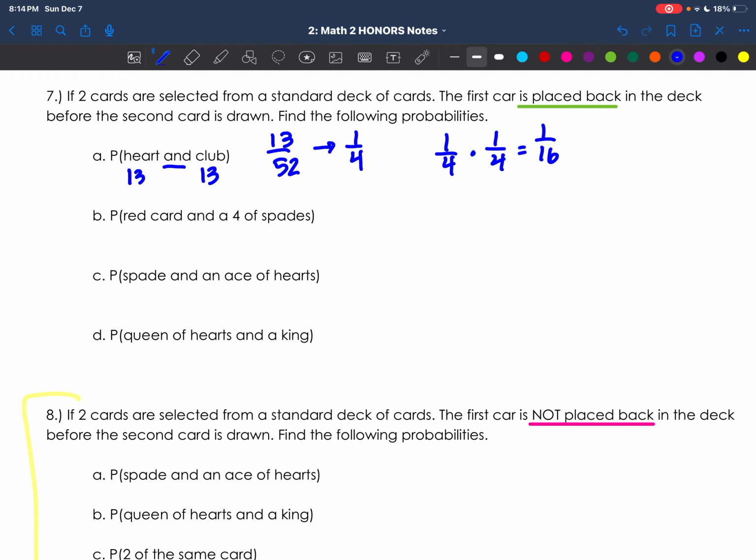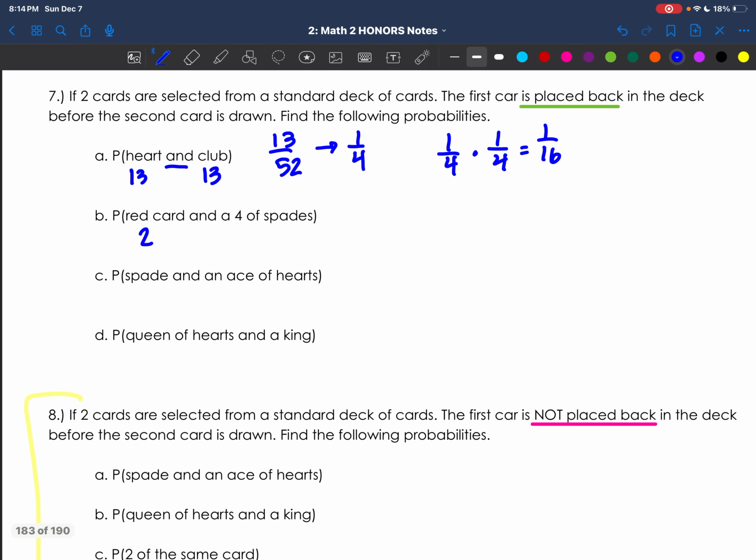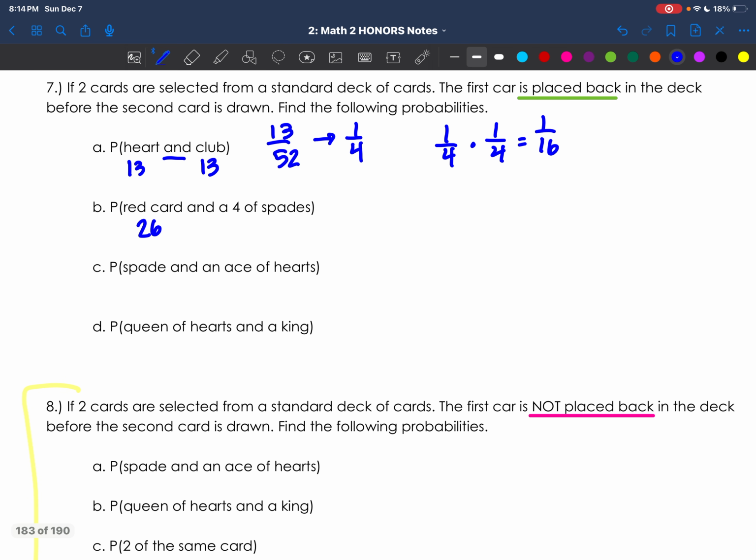All right. And then since it says and in the middle, we're multiplying. So now we want a red card. Well, a red card is half the deck. So half of 52 and then 4 of spades. So here you need to think about 26 out of 52 cards. And then 4 of spades. Well, oops, sorry.